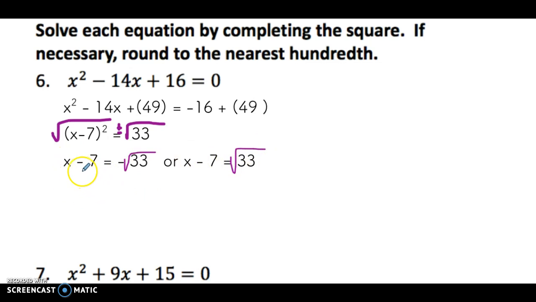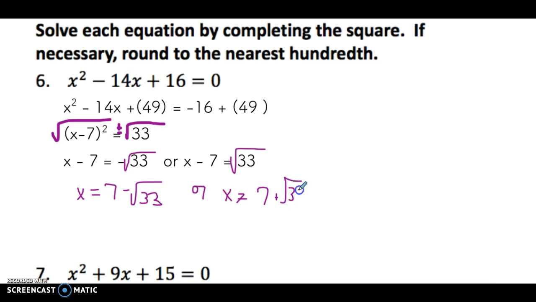Since the square root of 33 is not a perfect square, all I have to do is solve for x on each side. When I add 7 to each side of the equation, I end up getting that x is equal to 7 minus the square root of 33, or x is equal to 7 plus the square root of 33.